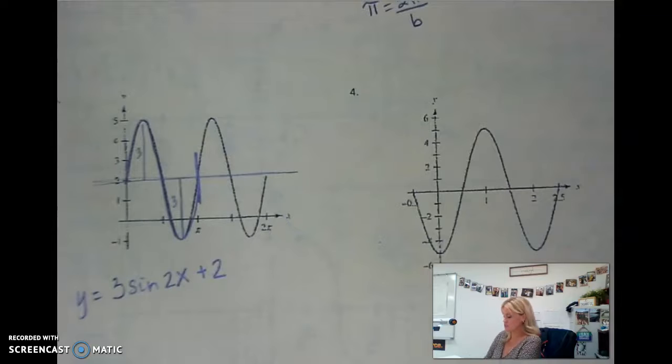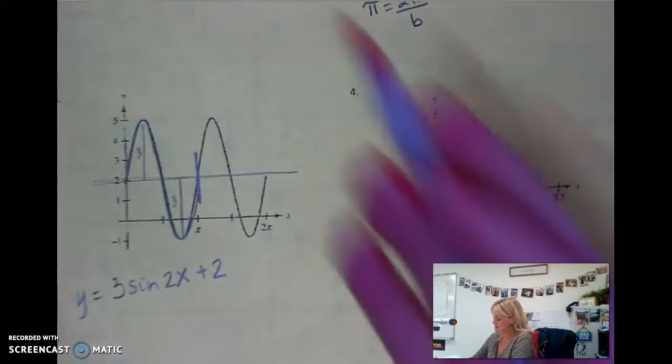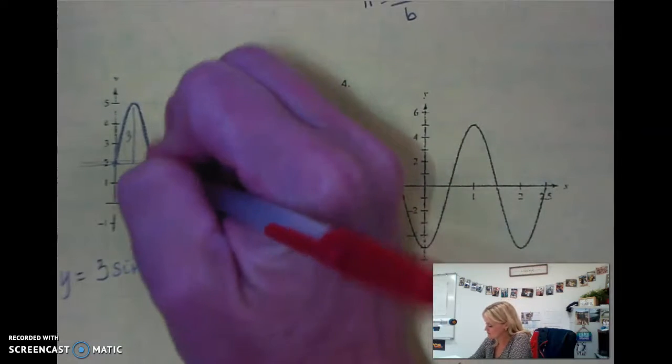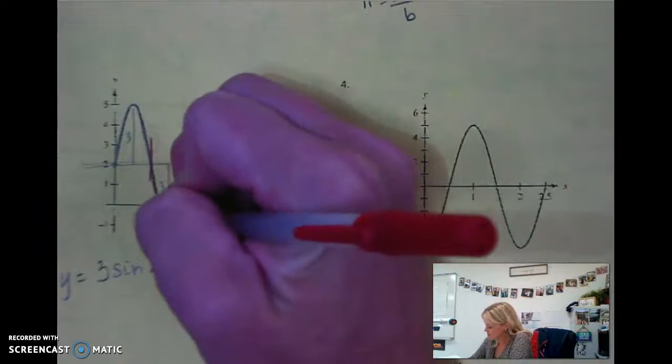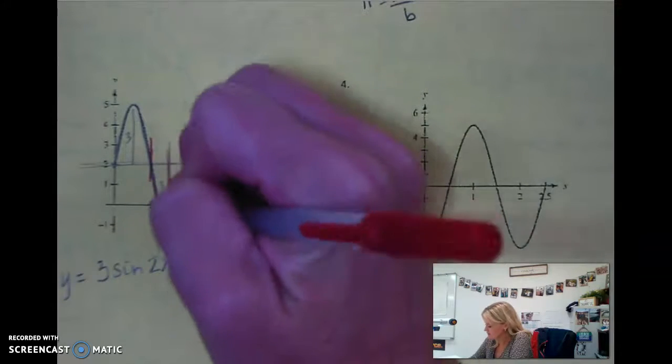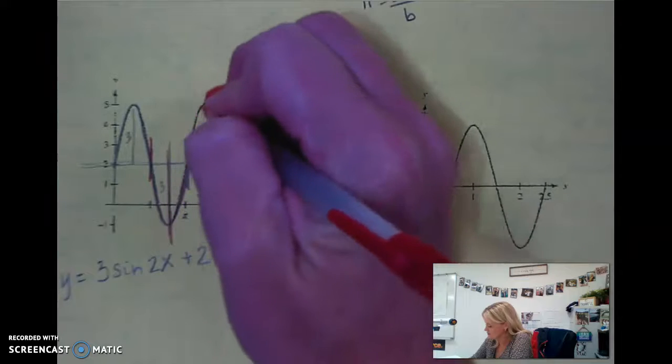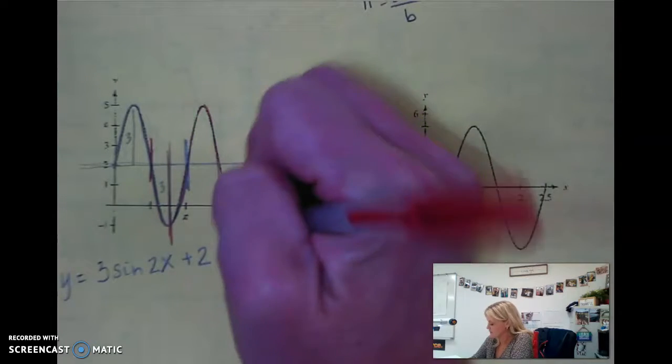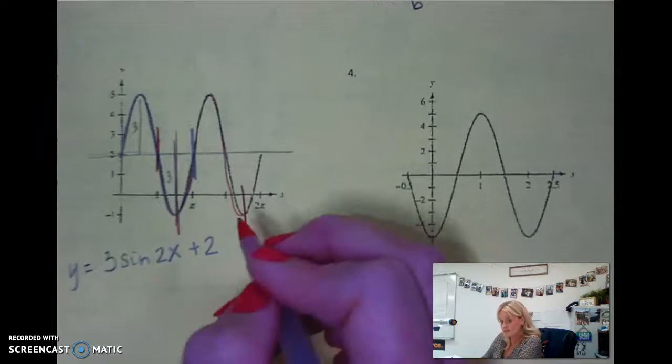Now, what I would like to challenge you with is, I can see a cosine wave from here, right here, to here. Can you write the cosine graph?